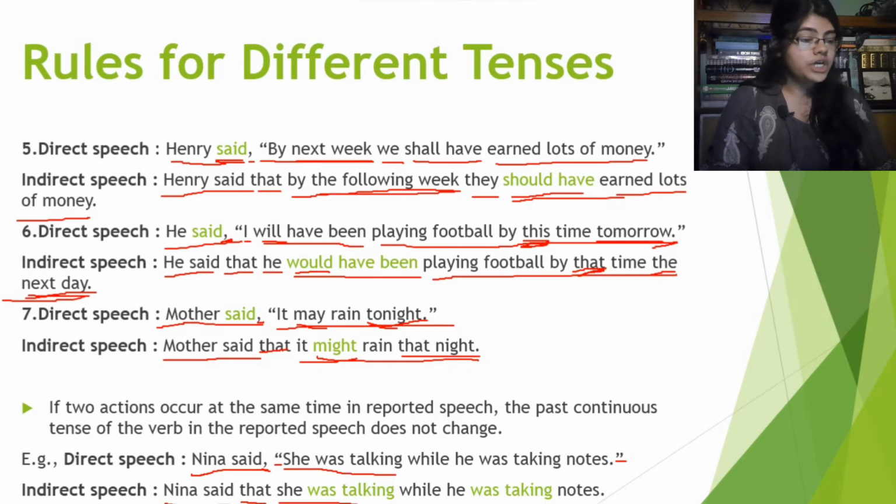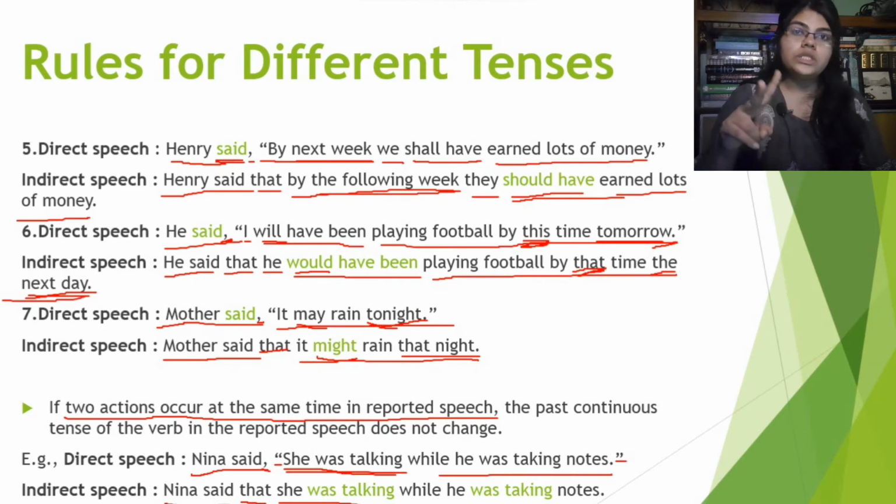It will not be changed into anything else. Why is that? Because it's said in the point that if two actions occur at the same time in the reported speech. Here we can see that she was talking while he was taking notes. So these two actions were happening at the same time, and this is the reported speech.